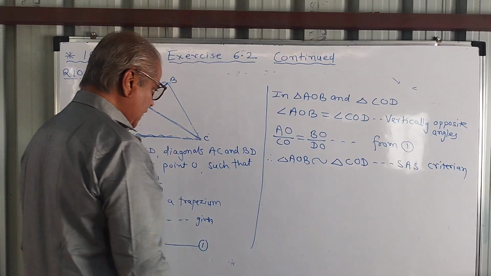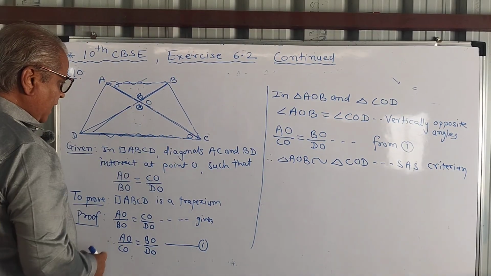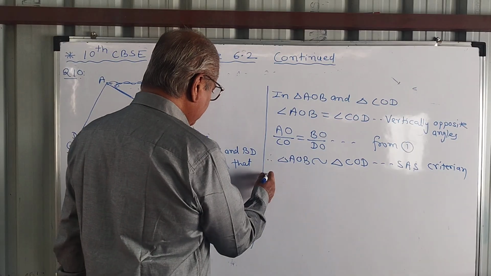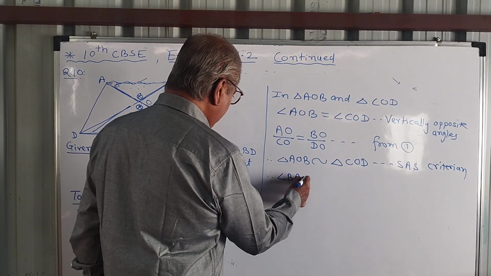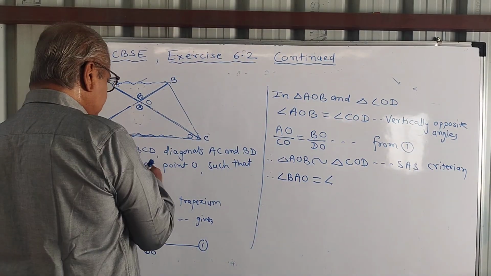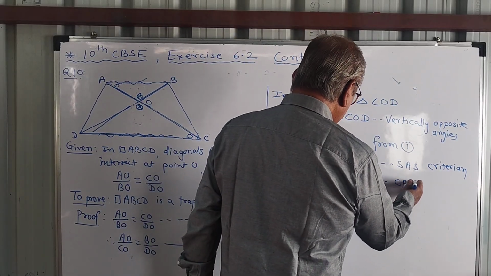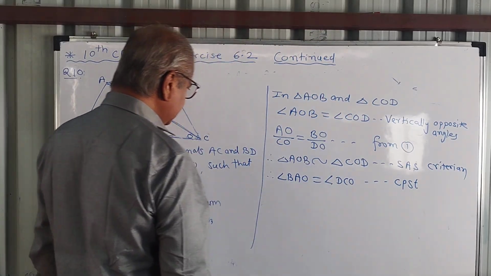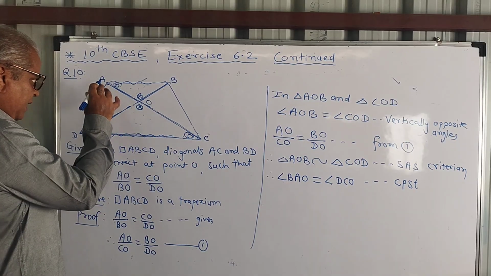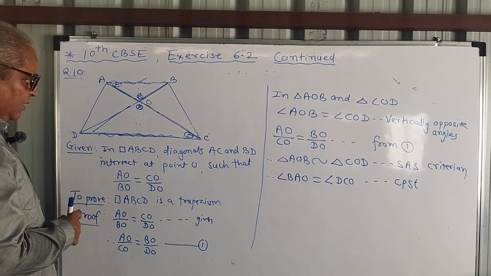And as these two triangles are similar, corresponding angles, this A and that A, we can say these two angles are congruent. Therefore angle BAO is equal to angle DCO, corresponding parts of similar triangles. And we can see these two angles are congruent, and in the figure these two angles are alternate angles.